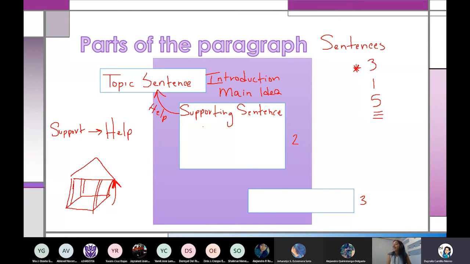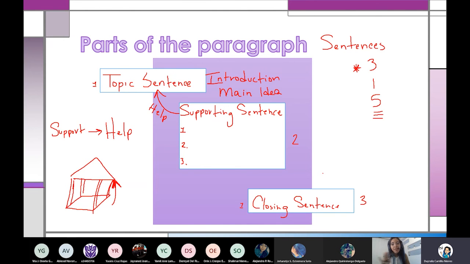They're usually 3 sentences. So 1 sentence, 2 sentences, 3 sentences. 1 topic sentence and then 1 closing sentence. Yes, guys. Everything that starts needs to have an ending, just like everything that goes up has to go down.